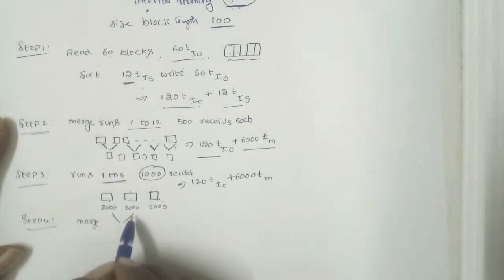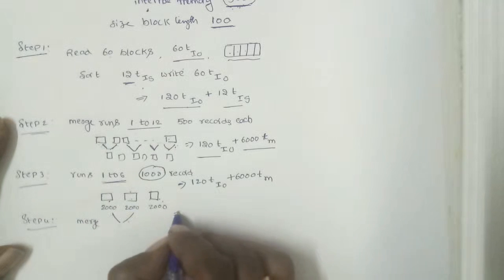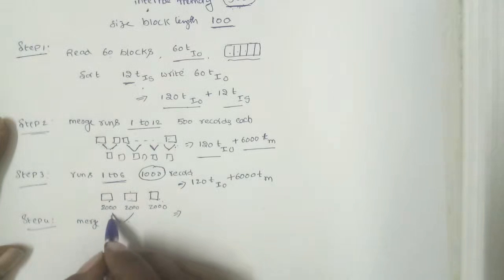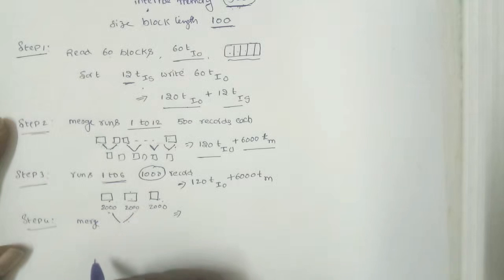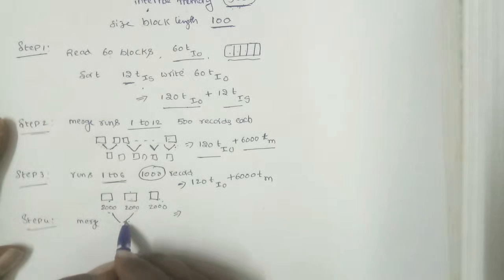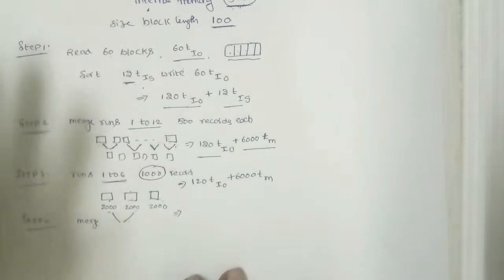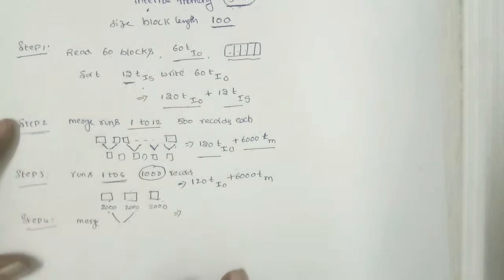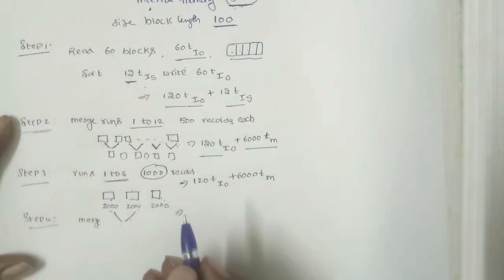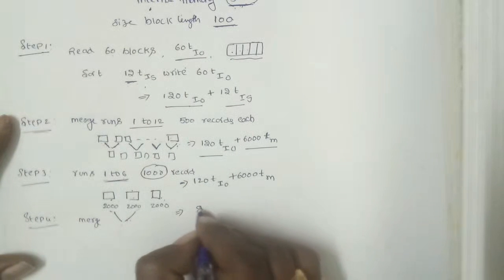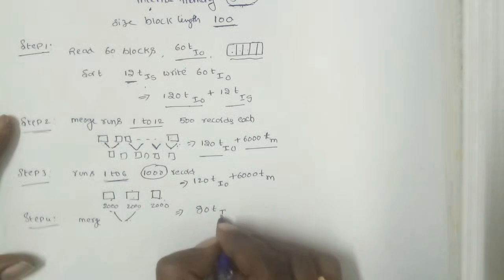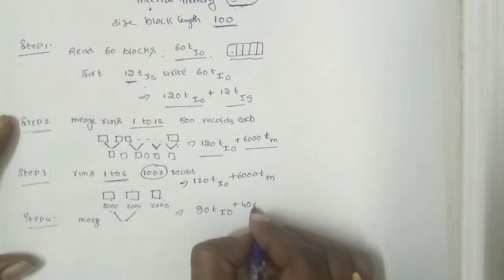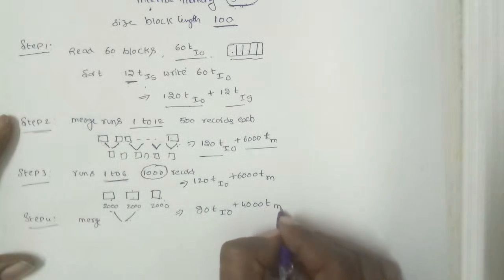But in this case I am merging only 2. That means how many records do you have to handle? 4, that is, 2000 plus 2000. You have to read only 4000 records. Read 4000 records, that means 40 blocks. Then again we are writing 40 blocks of data. 40 plus 40, 80 blocks of data. And I perform the merge operation only on 4000.